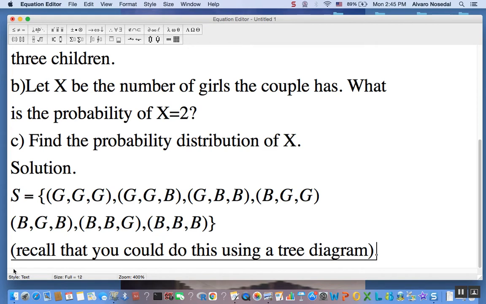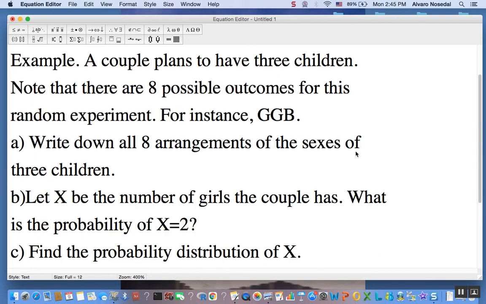Remember those counting techniques that we discussed back in chapter 2? We know that that would be a nice, easy way of finding these 8 possible sequences. Okay, so we're done with the first part. We have the sample space.